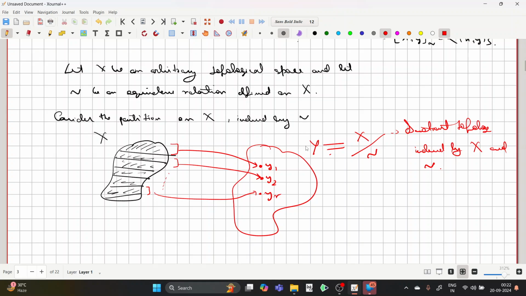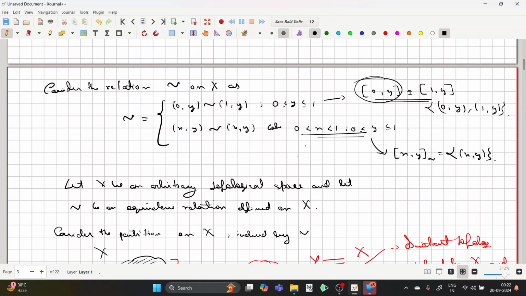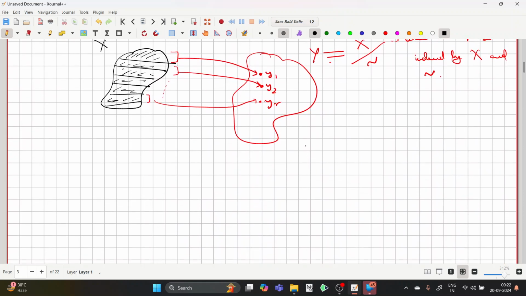I hope this way of identifying a collection of points is clear in this case. So what are we actually doing? If I go back to the example of the cylinder from the square, if I start with the point (0, 1), I consider the equivalence class of this point, so it will contain the points (0, 1) and (1, 1), right? So both these points will go to a single point. Suppose this is the square S, and this is the cylinder.